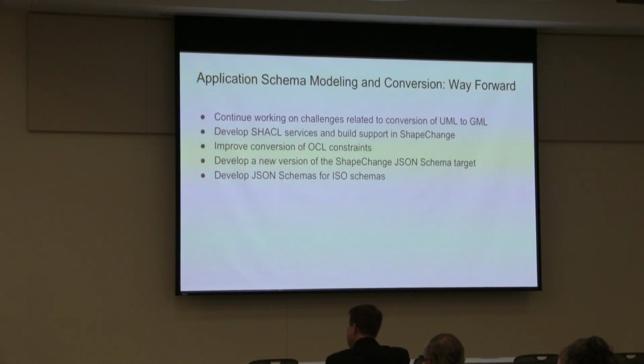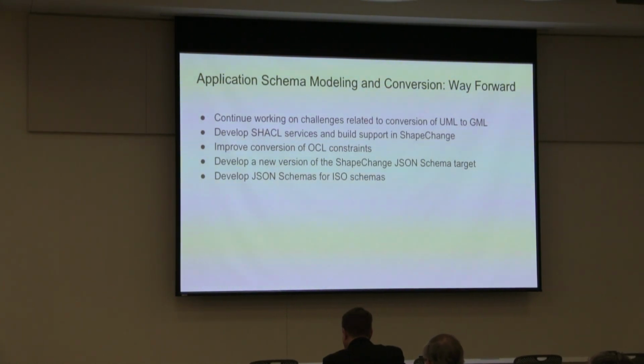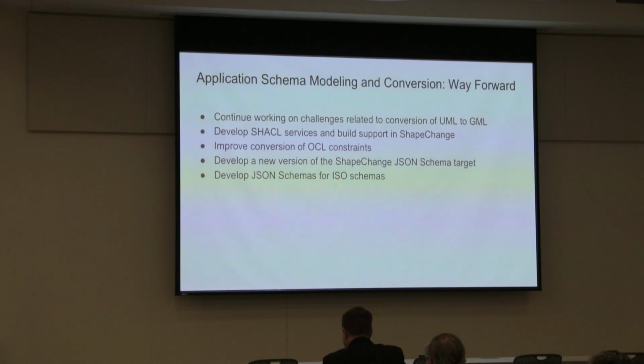The way to move forward: there is always a lot of ground to improve in these tools that start from UML or JSON schemas and do some type of transformation, for example to GML. So we want to continue to work on those challenges.